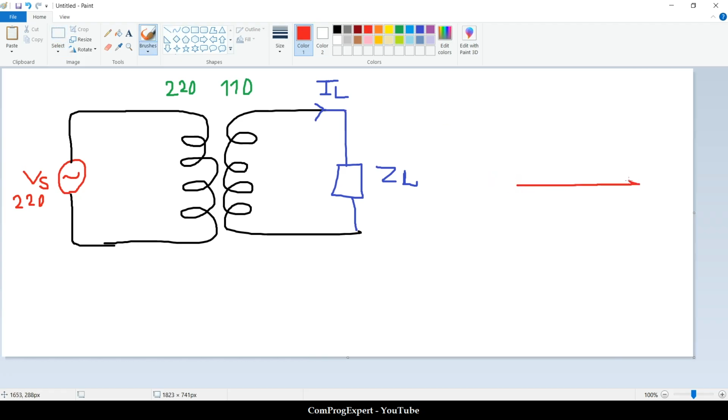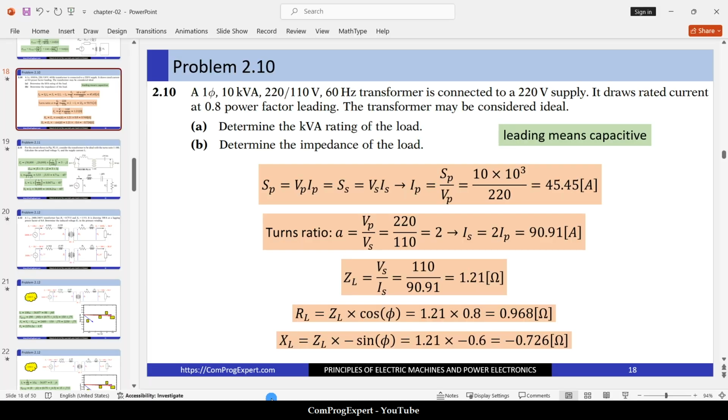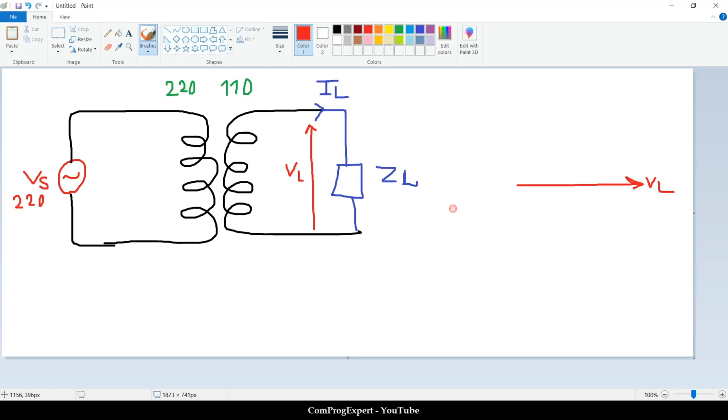This is the voltage of the load VL. Because the power factor is leading, leading means that the load is capacitive. So the load current is ahead of its voltage. So this is the load current.